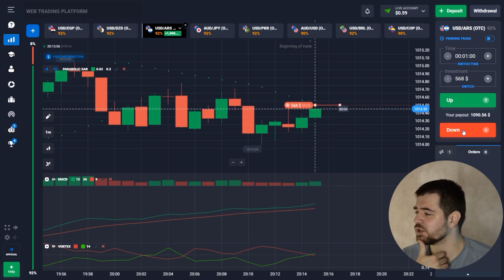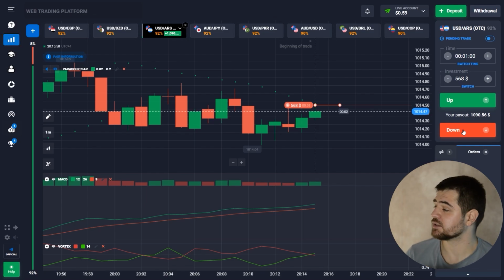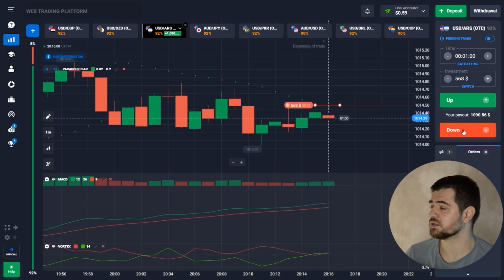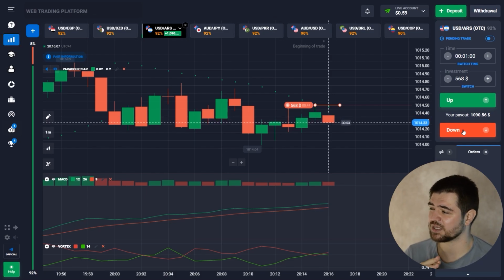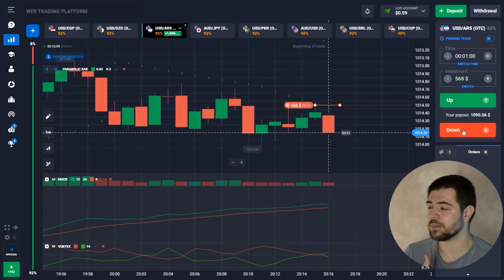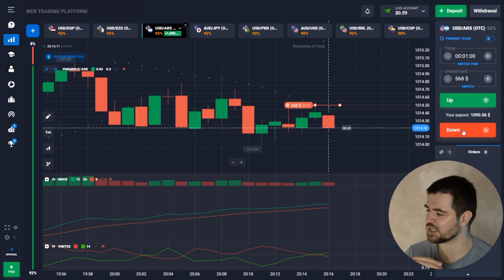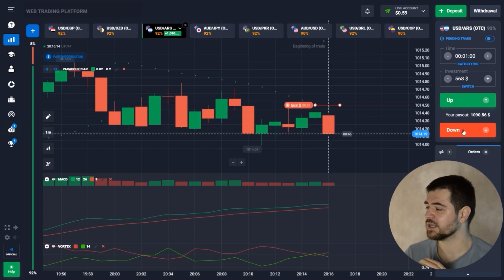So we go into short and try out the Parabolic SAR. The dotted line in this case worked as a resistance level from which we could bounce off, and this is what I actually did, worked off it.